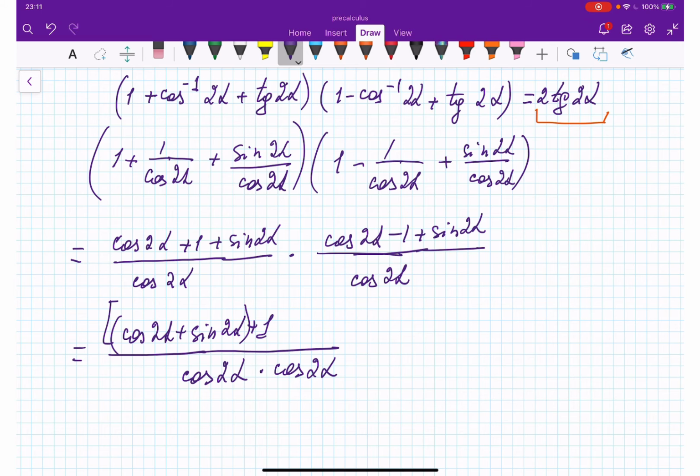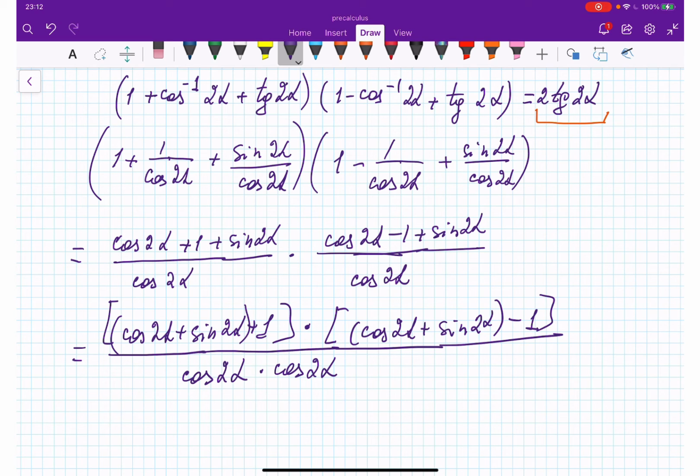Here parentheses, here square brackets, and then times, same way, it's going to be cosine alpha plus sine alpha minus 1. So what do I have here? A plus B, and here I have A minus B. Yes?